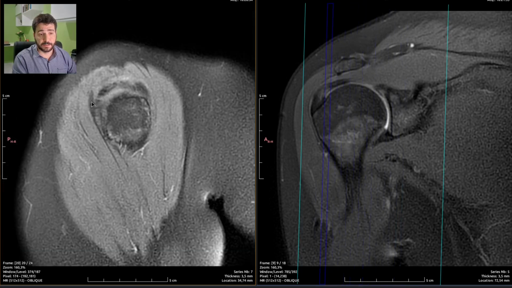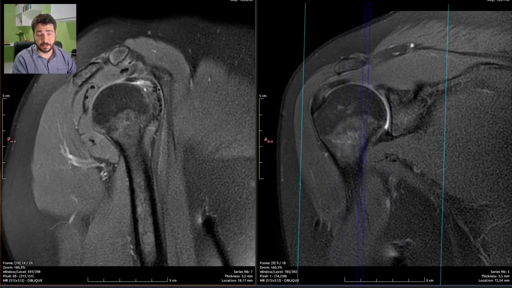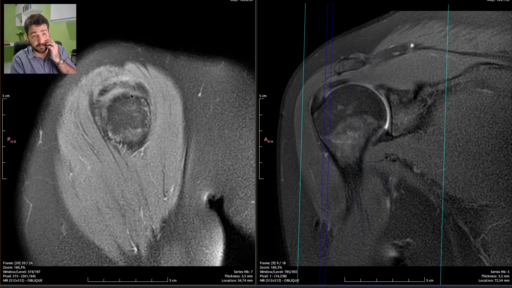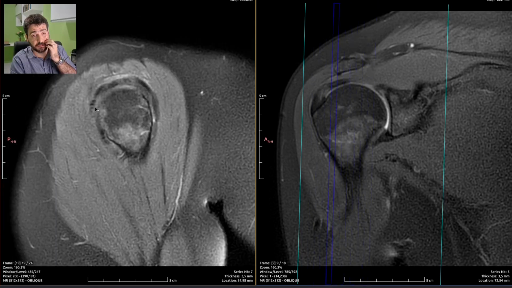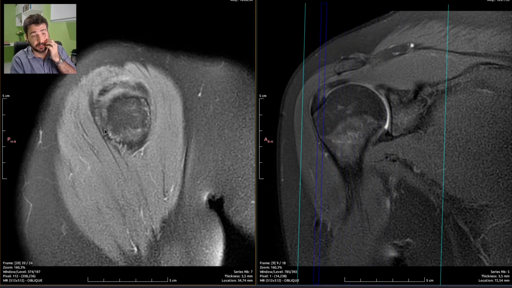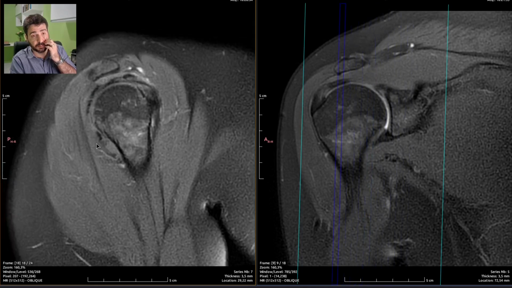Also, this is the subscapular tendon. Indeed, this is moderate tendinitis. There is moderate tendinitis of the supraspinatus. The infraspinatus looks normal to me, and the teres minor looks normal as well.